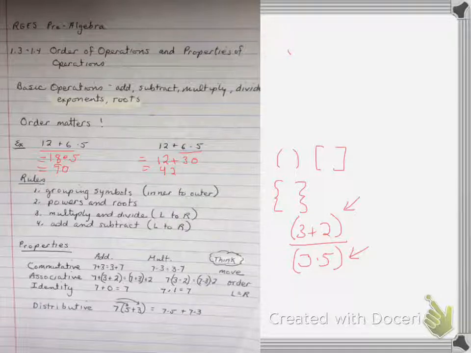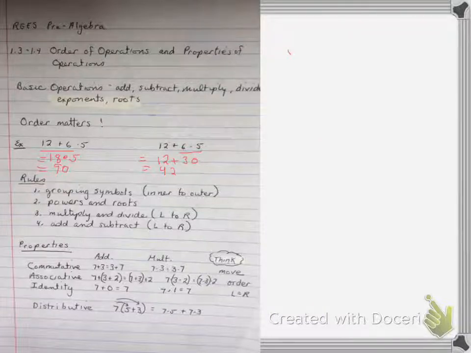Our properties of addition and multiplication is the next thing we need to learn. What I have here for our properties, I have a column for addition and a column for multiplication, and what you're to think about when you use these terms to help you remember them.